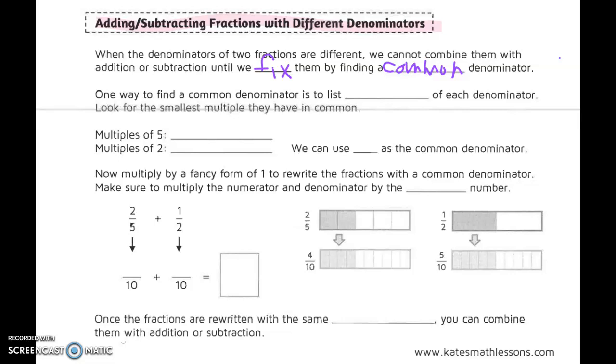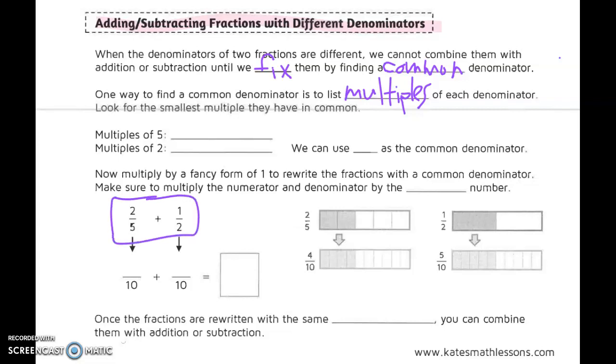One way to find a common denominator is to list the multiples of each denominator. We're going to find the multiples of each denominator and look for the smallest one that they have in common. So we're going to look at this example right here.